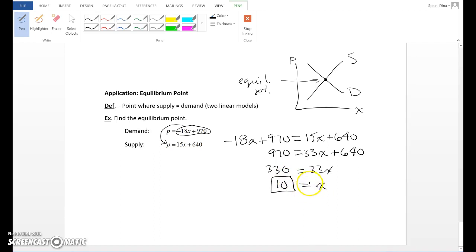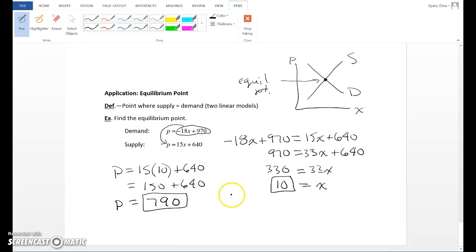So x equals 10. Once you get that, plug it into either one of those. It doesn't matter to solve for your p. Plug it in the second one. $150 plus 640 should give me 790 for p.